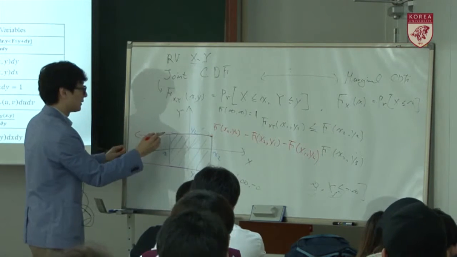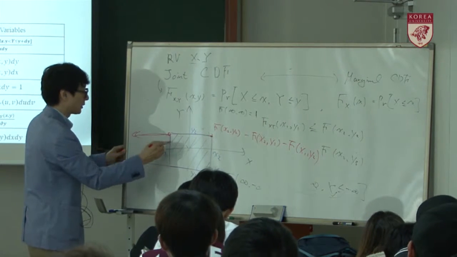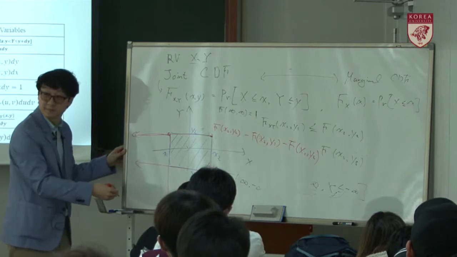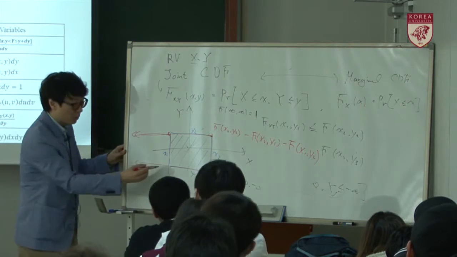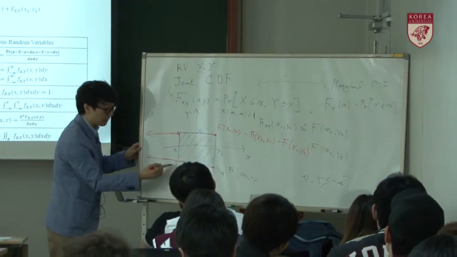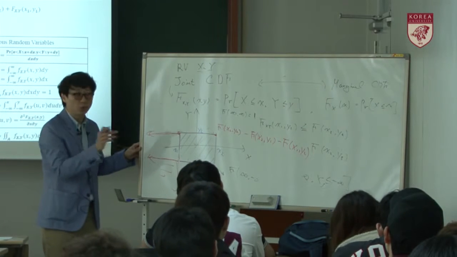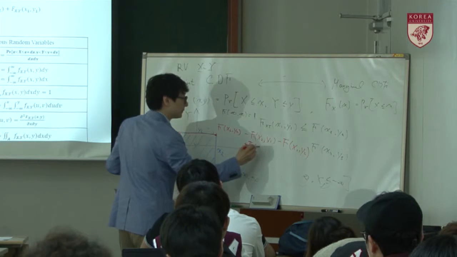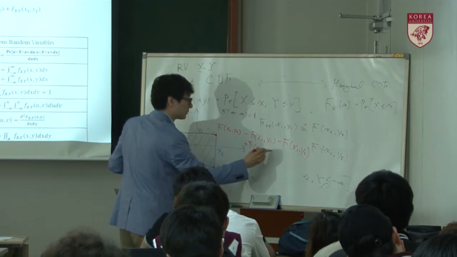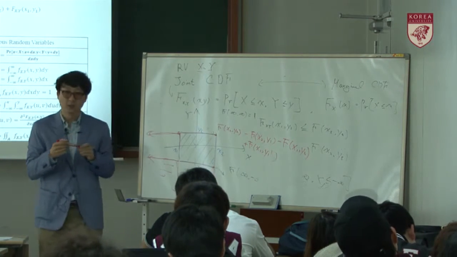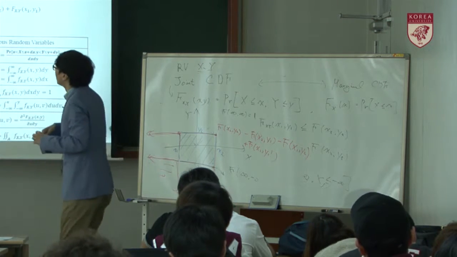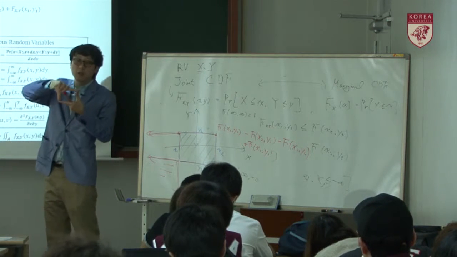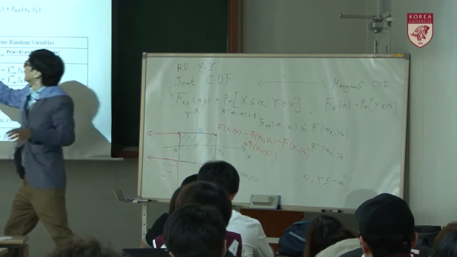That is this part. We also subtract this area. But in this case, we subtract this area twice, so we add back. So finally, the probability of a certain area can be calculated in this way.